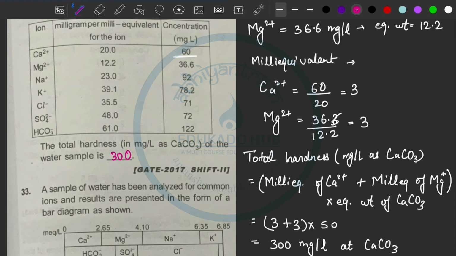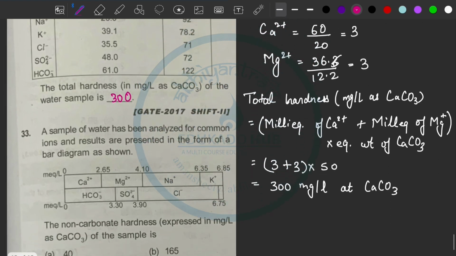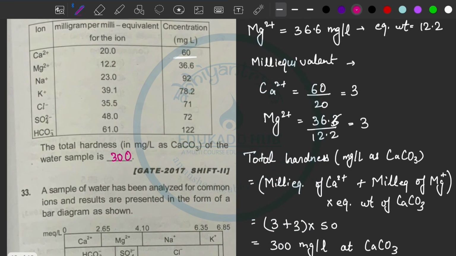Now the next question is also similar, but they have given the values in milliequivalent per liter directly. In the previous question, question number 32, we calculated the milliequivalent per liter, that is 3 and 3.